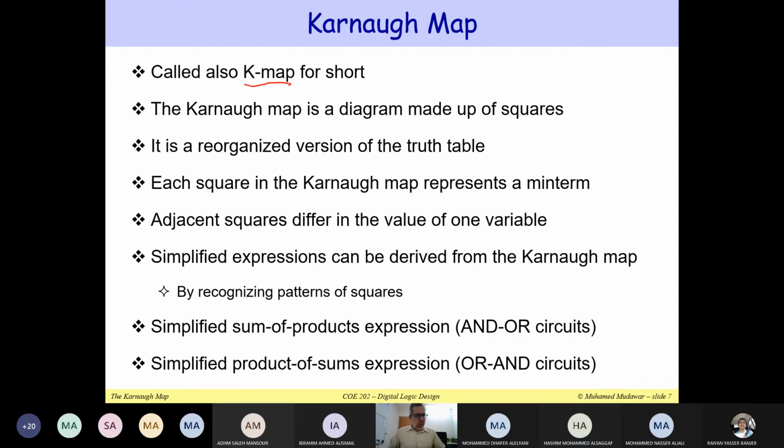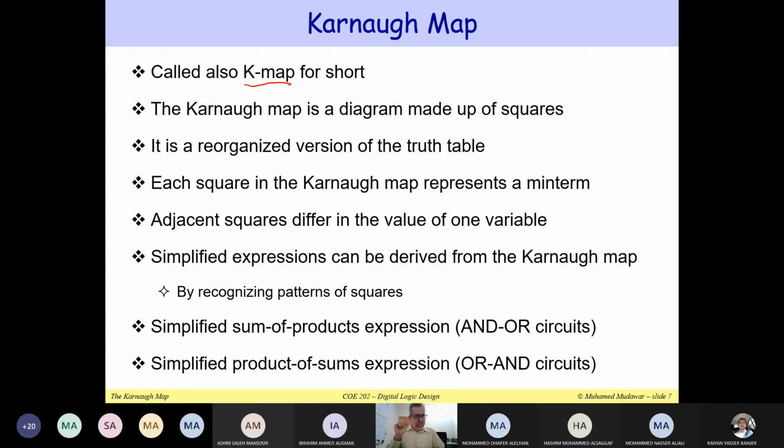So what we do is that we draw the Karnaugh map as a diagram, which is made up of squares. And basically, it's the same thing as the truth table. So we just copy the function from the truth table into the Karnaugh map. So each square in the Karnaugh map will be like an entry in the truth table.